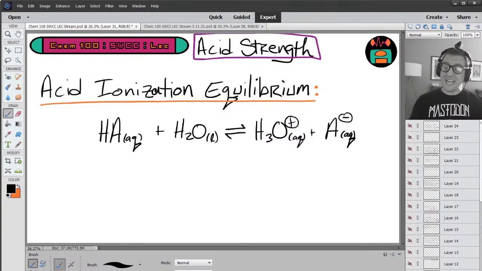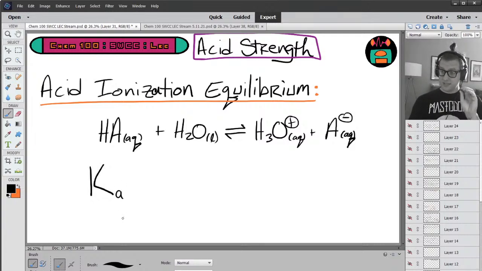Now, if you write the equilibrium constant for this reversible reaction, it's K, and this is called Ka because it's the equilibrium constant not just for any equilibrium, but for a specific equilibrium, the ionization of an acid.